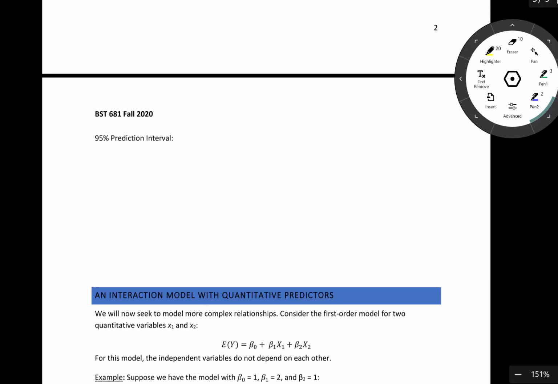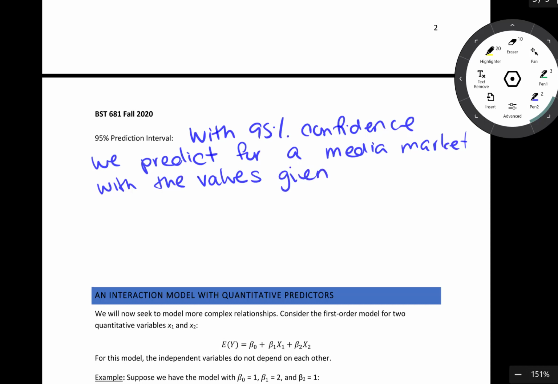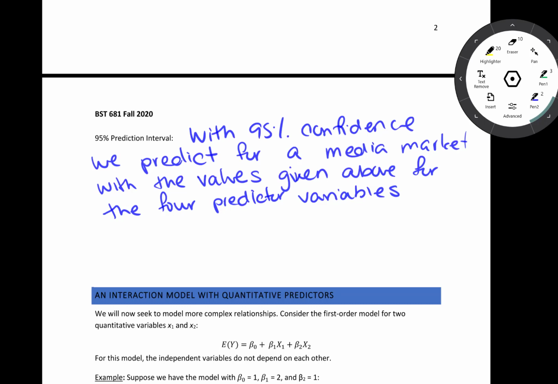So for the 95% prediction interval, we say with 95% confidence, we predict for a single media market with the values given above for the 4 predictor variables, the animus value will fall between.